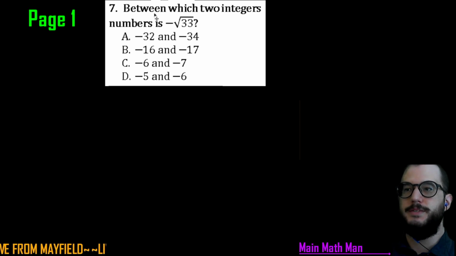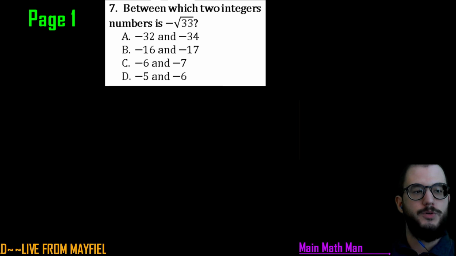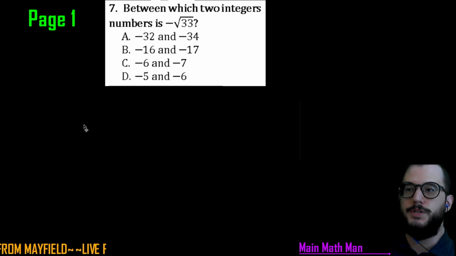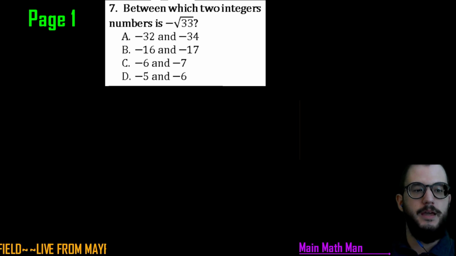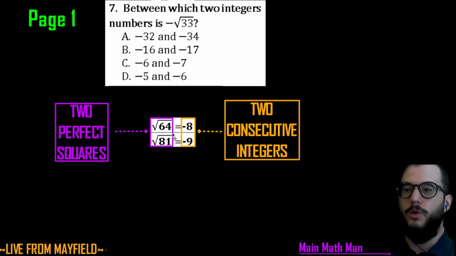For this last one, it says between which 2 integers is negative square root of 133. So again, make sure that you are seeing how this works. What I can do is use that wonderful square roots list, and I can move it up and down as needed. So again, notice how this works.